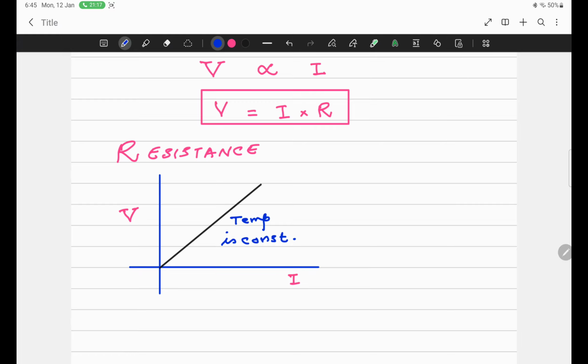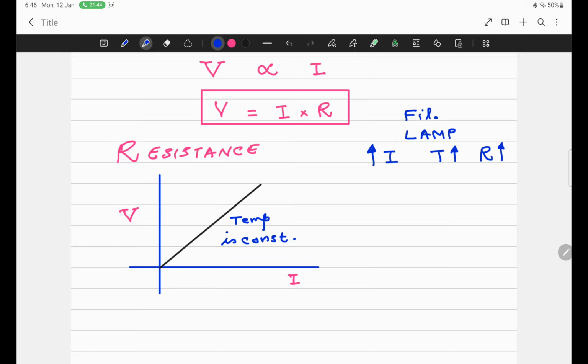But if temperature changes, for example, you have a filament lamp, then you know the filament lamp becomes hot when you increase current. Its temperature rises, and when temperature rises, its resistance will also increase.